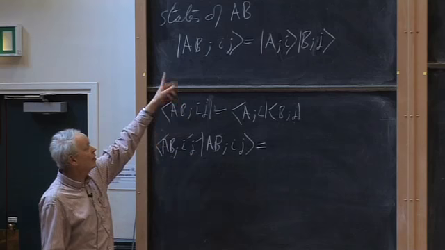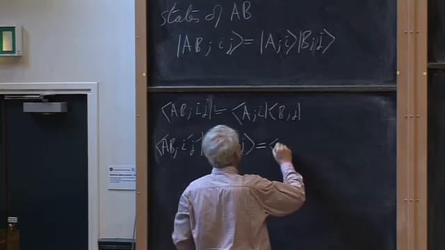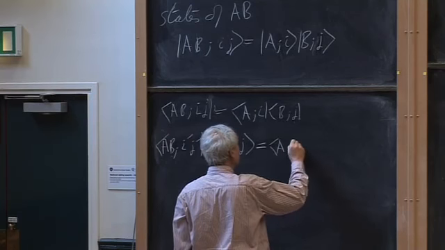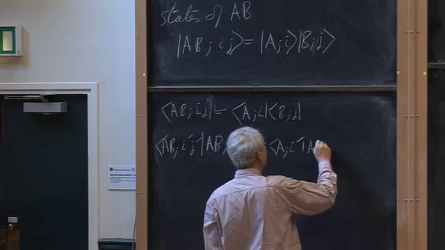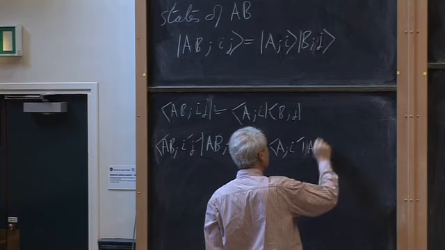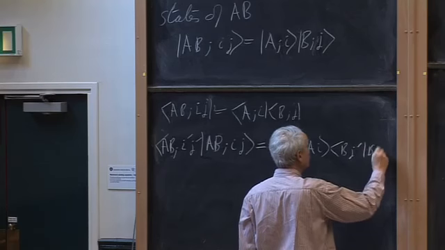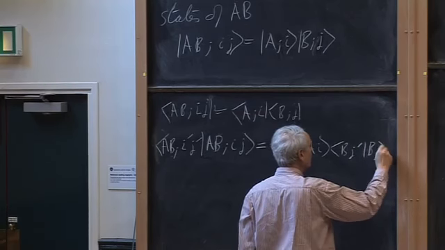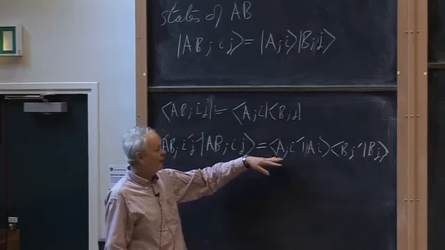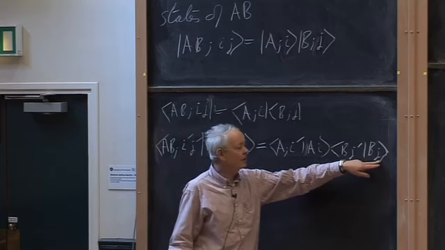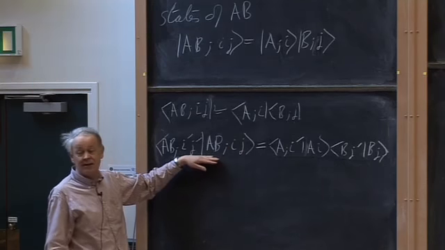To give meaning to all this hocus pocus, I need to explain which complex number. The complex number it is this complex number: A I primed, A I, times B J primed, B J. What I've written on the right is completely well defined, because this is a complex number and this is a complex number, and we can multiply complex numbers and get a complex number, which gives meaning to the left.